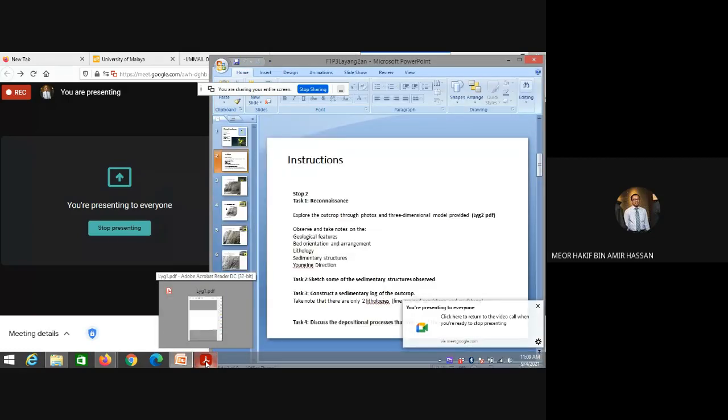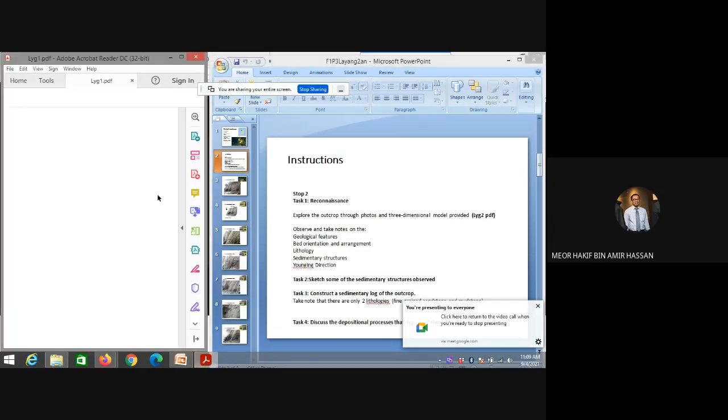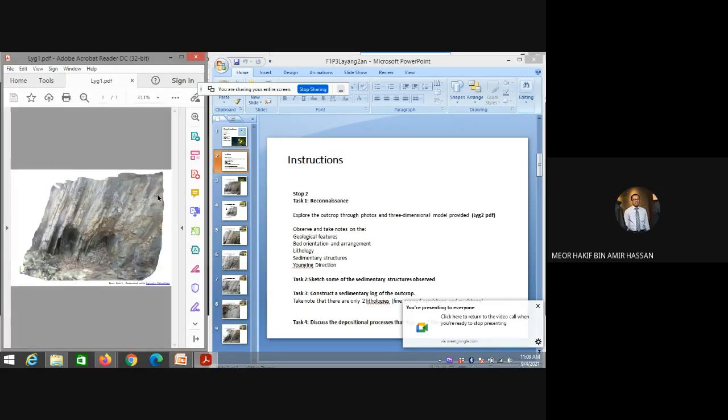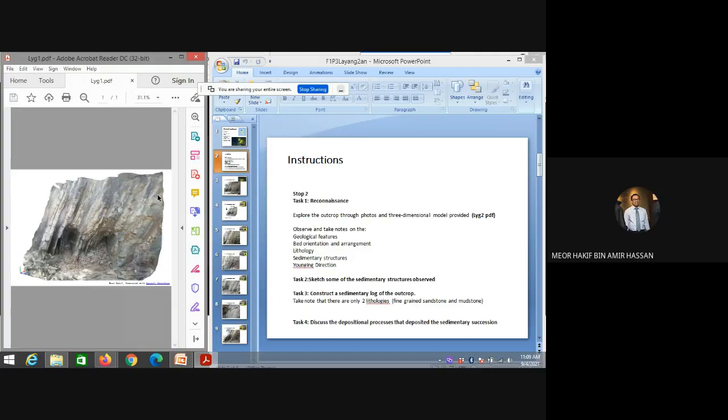So last week, we went through the introduction and an introductory briefing on how to conduct the field trip. We talked about how to do sedimentary logging in the field, so you need to take dip and strike into account.